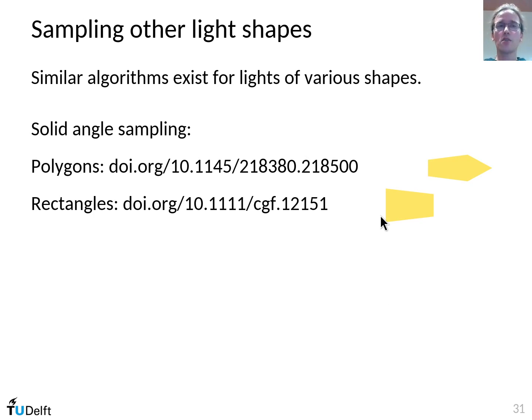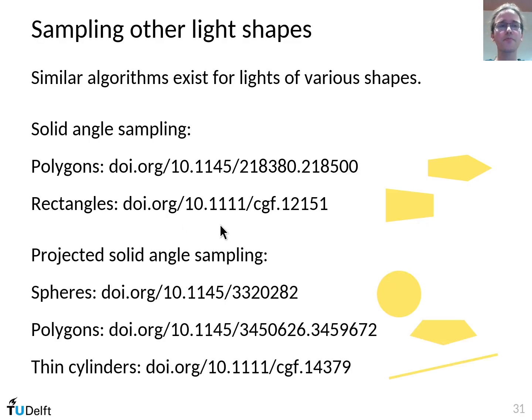And of course, you may also want to handle other types of light sources, other light shapes. And similar algorithms exist for all kinds of light sources. Spherical light sources are the easiest case, but if you, for example, have polygons, then there's a method in this paper to do solid angle sampling for those. There's also a specialized method for rectangles, which is a bit more efficient.